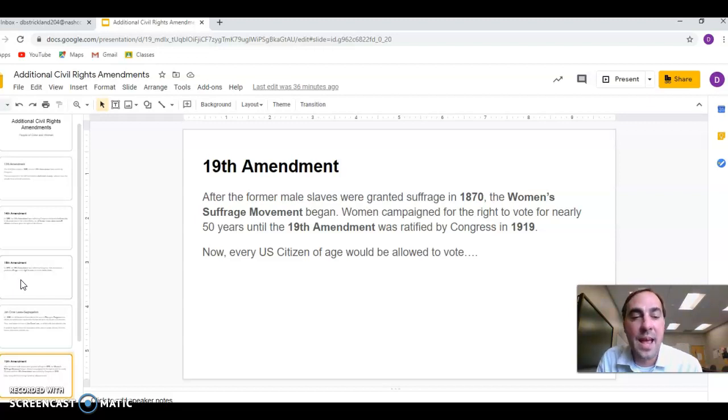That's when they began campaigning for suffrage, and it took them nearly 50 years to get the right to vote. And here's the easiest way to remember when women got the right to vote. The 19th Amendment gave women suffrage, and it was passed in 1919. So now, every U.S. citizen of age could vote in a national election.